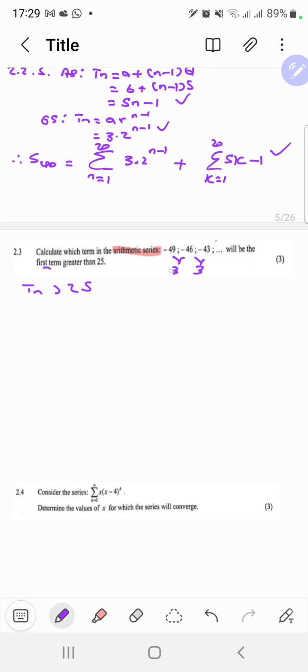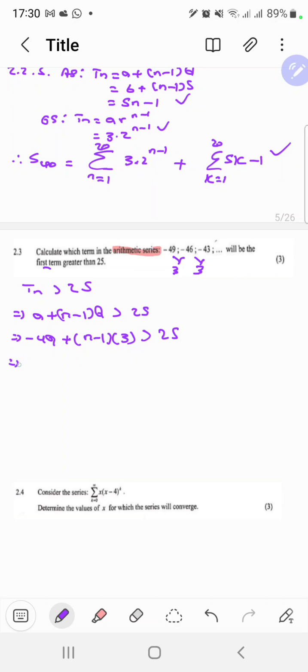Tn in an AS is A plus, okay, maybe let's do the thing properly. So this implies that A plus n minus 1 times d must be greater than 25. And then what do we know? Our A is minus 49 plus n, we don't know. D is 3. Okay, must be greater than 25.